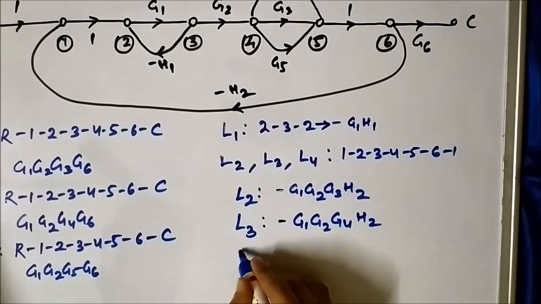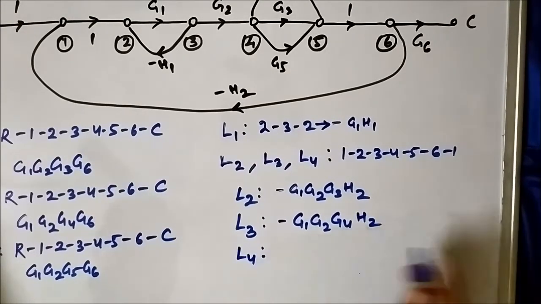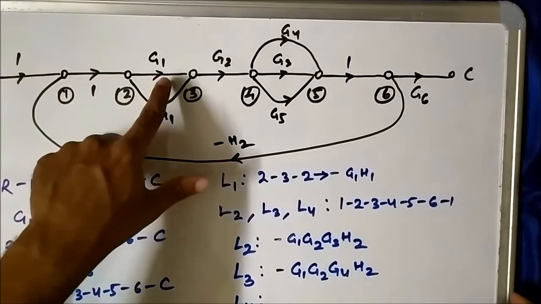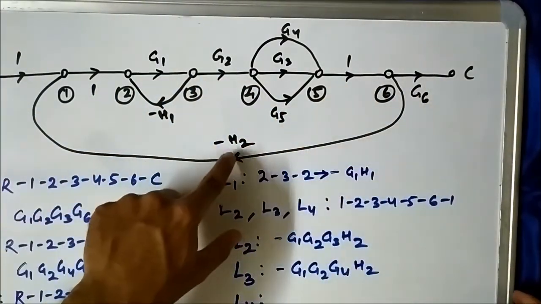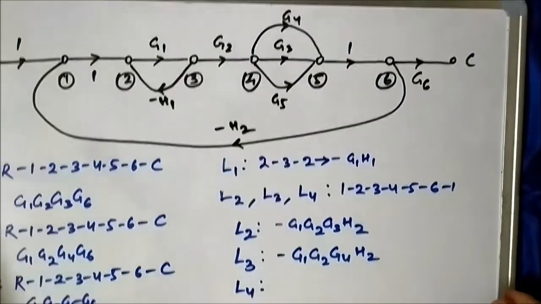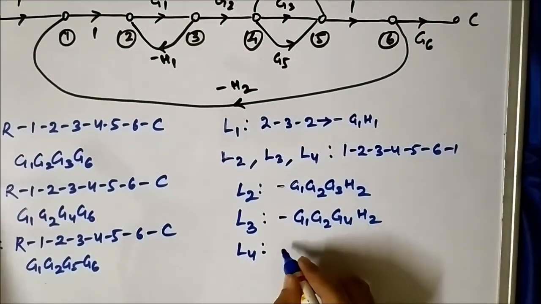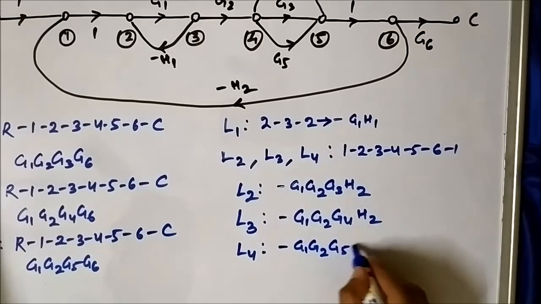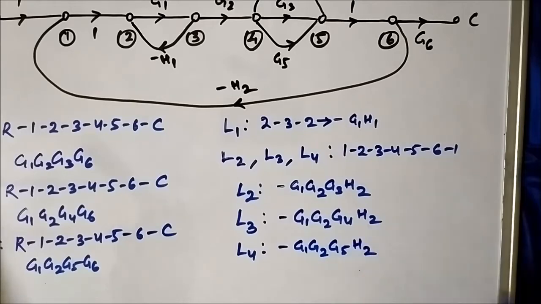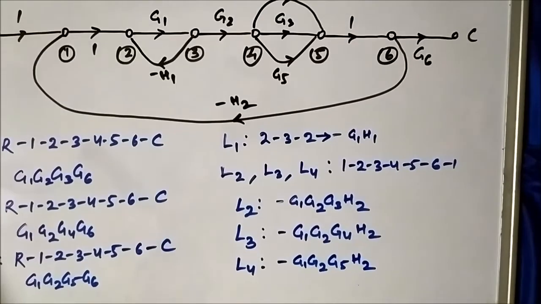And loop 4, the gain will be G1 into G2 into G5 into 1 into minus H2, again back to 1. So it will be loop 4 minus G1, G2, G5 into H2. Okay, so there are in total 4 loops and 3 forward paths.